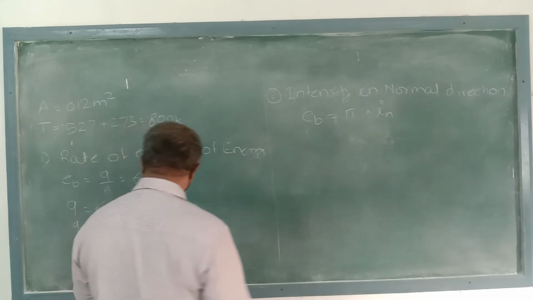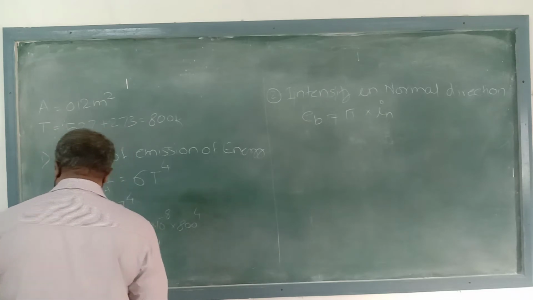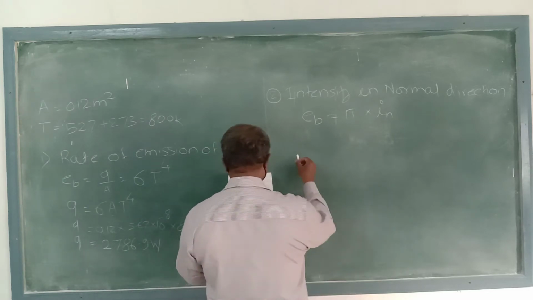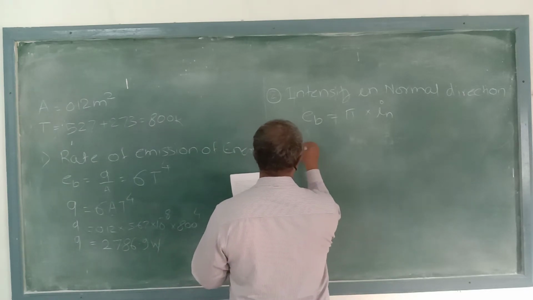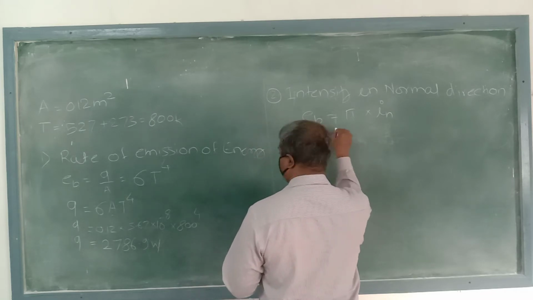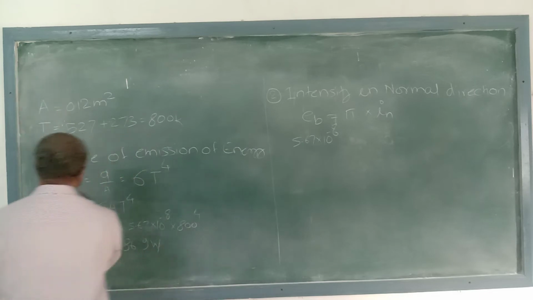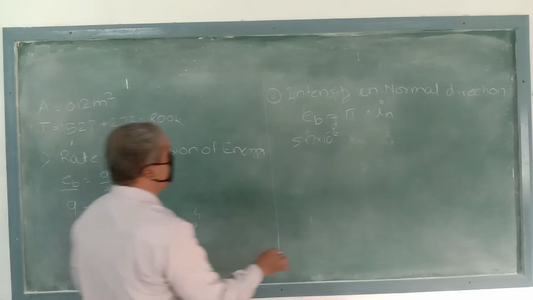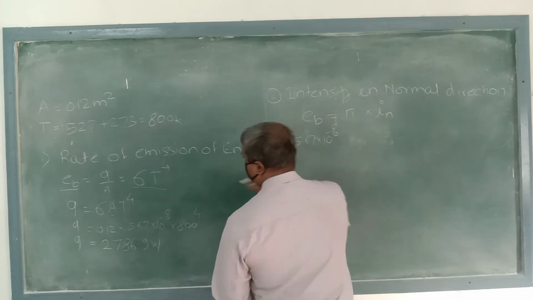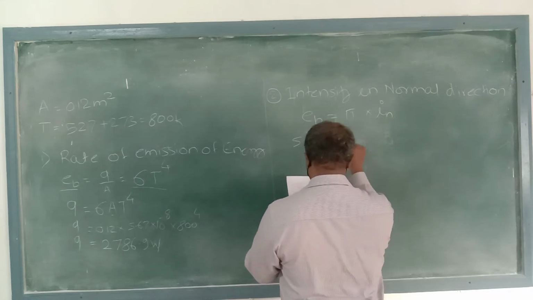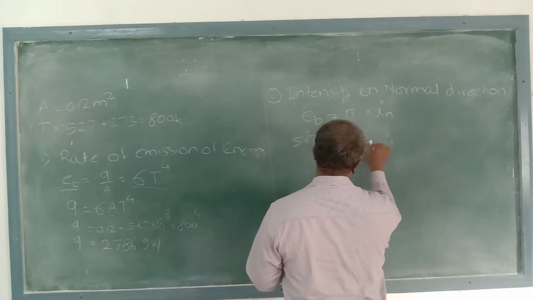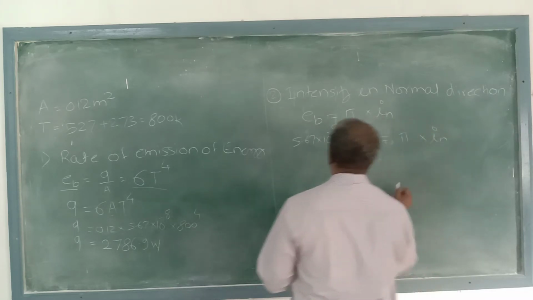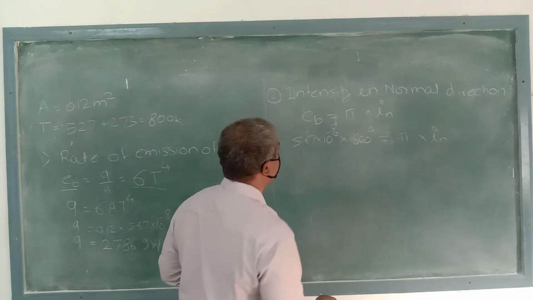So we are going to assume EB, and this EB is sigma into T raised to 4. So we are going to substitute the value of sigma, that is 5.67 into 10 raised to minus 8 into 8,000 raised to 4, equal to pi into Rn, that is the intensity in normal direction.